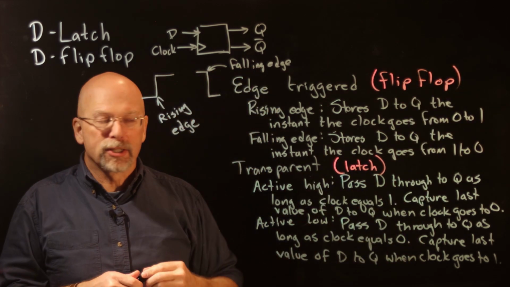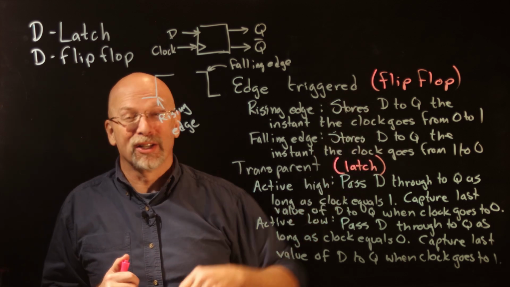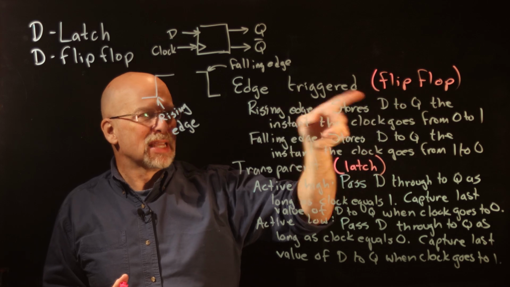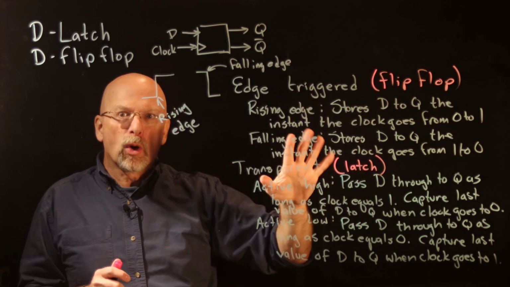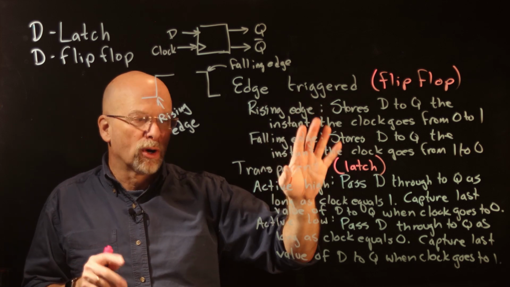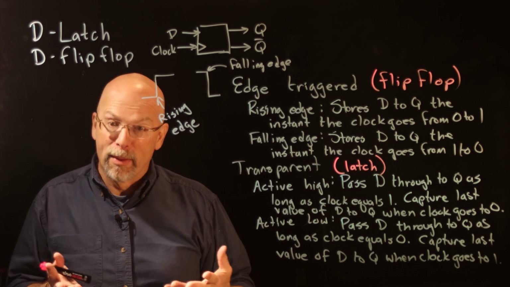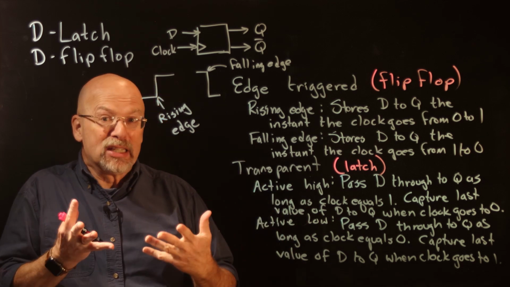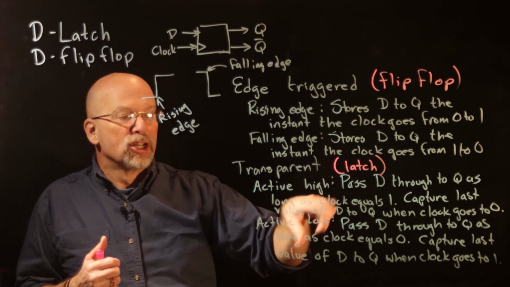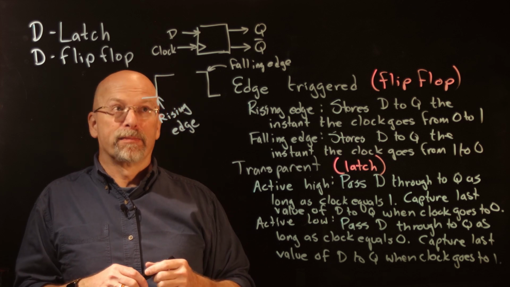Both are memory devices, and sometimes I get a little tongue twisted and call it an edge triggered latch, but basically the edge triggered is a little bit more complicated circuit. There's more transistors to it, so it is a little slower. That one is the flip-flop. The transparent is a little simpler. Remember that the S-R latch is really the fastest memory cell we've got, just those two gates. Smaller, simpler, runs cooler. That one is the latch, okay?